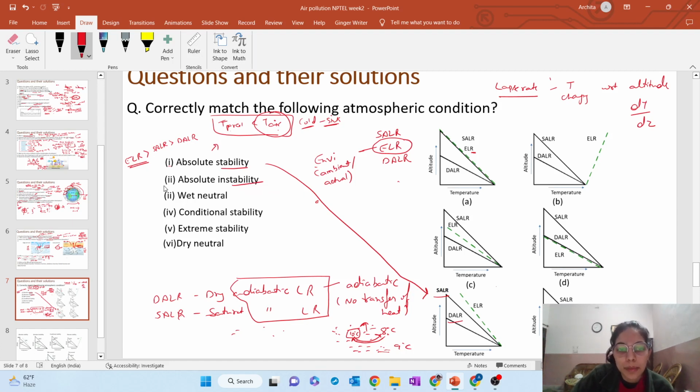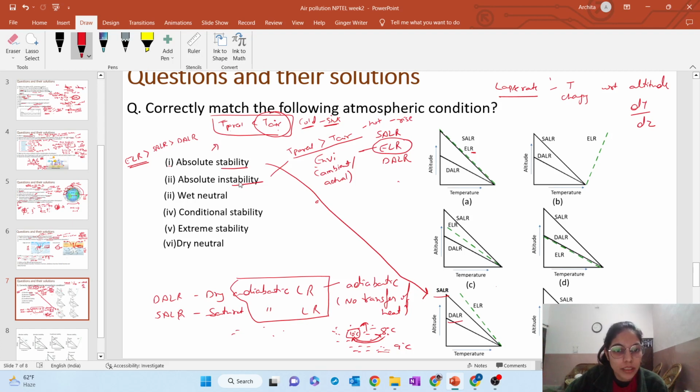Now, instability we saw previously. Instability means that T parcel should be more than T air. The temperature of the air parcel should be more than the surrounding air, and hence it leads to hot air and the rise of the air.